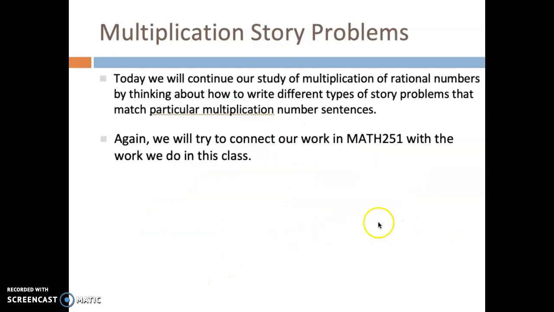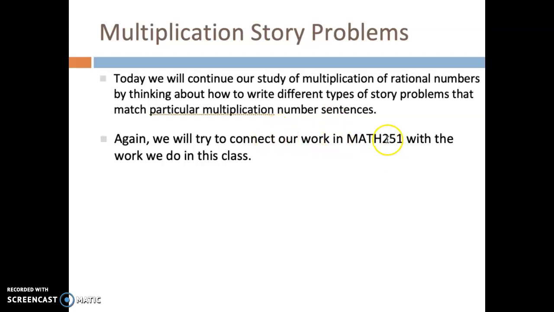Multiplication story problems. So we're going to continue our study of multiplication of rational numbers by thinking about how to write different types of story problems. Again, we're adding to our math vocabulary, and these story problems match particular multiplication number sentences.